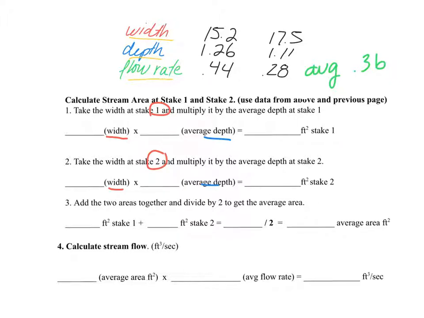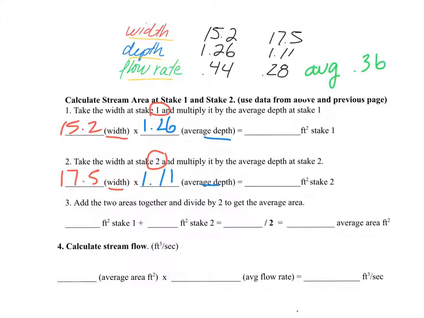The width at stake 1 is 15.2, and I'm going to multiply that by the depth at stake 1, which is 1.26. And again, for stake 2, my width is 17.5 multiplied by my depth of 1.11.